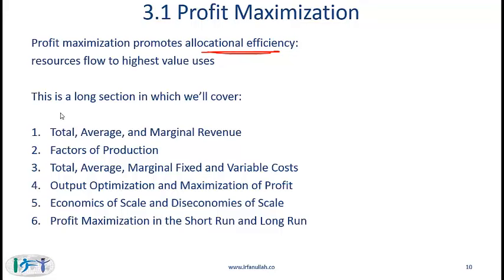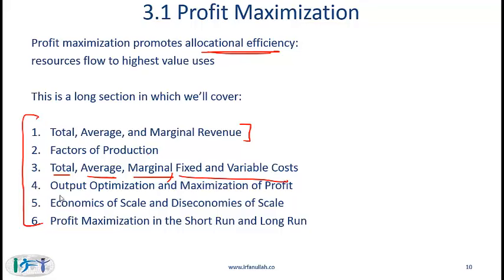In this particular section, there are several subsections. We'll talk first about total, average, and marginal revenue. Then we will switch to the cost side, and on the cost side we'll start by understanding the various factors of production. We will then look at total cost, average cost, marginal cost, and then fixed and variable costs.